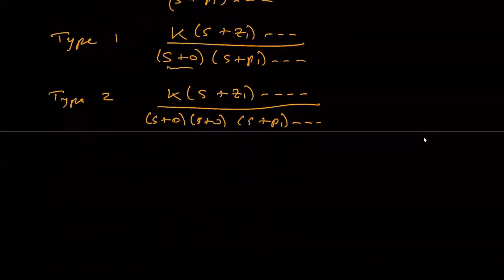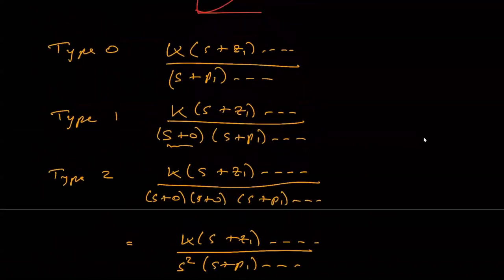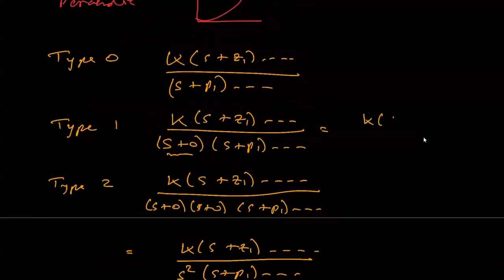You can also think of type 1 as K times S plus Z1 and so on, all over S, S plus P1, and type 2 as having S squared in the denominator. These are the three types.